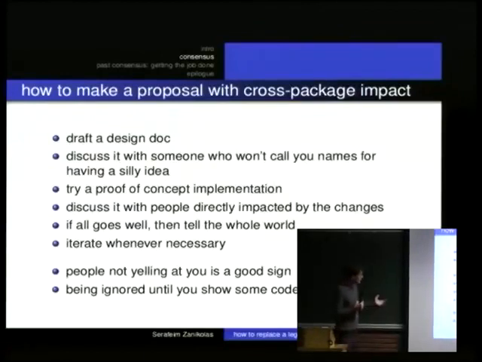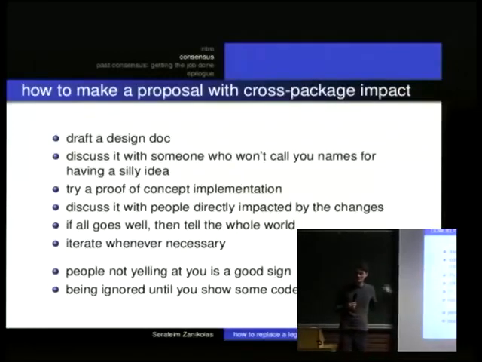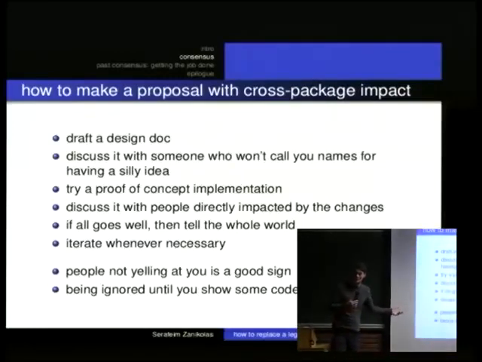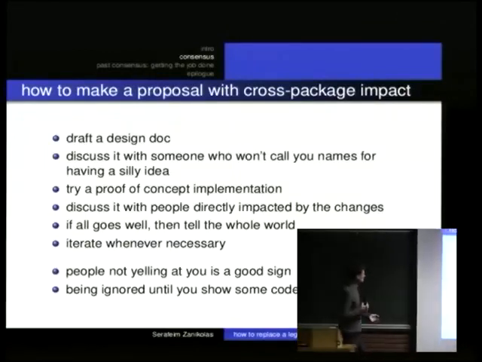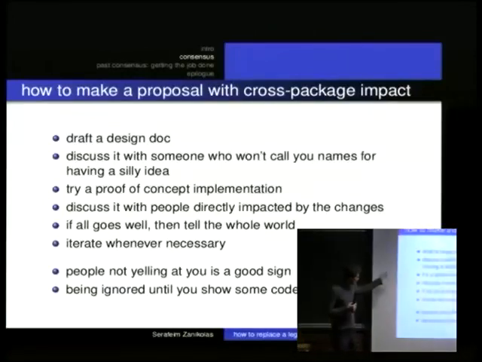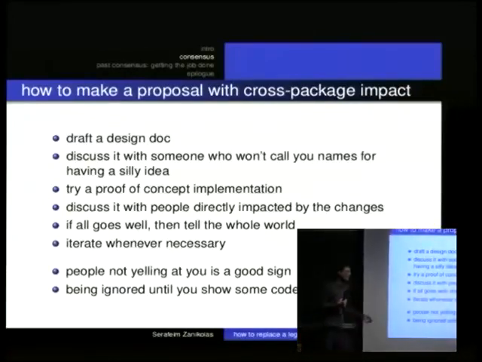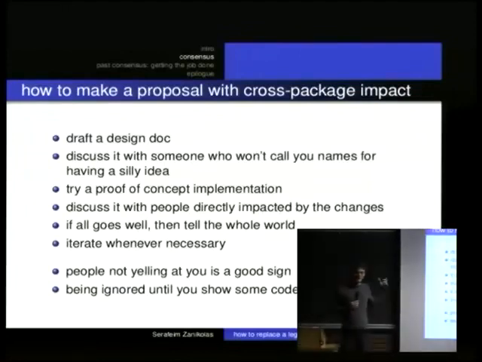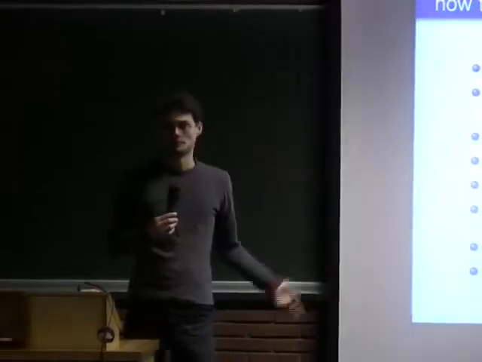So once you have the design document, you can bounce the idea off someone that's close to you that will still respect you after having seen you propose something silly. So once you've passed this basic sanity test, then you can try to validate the main assumptions of the implementation.